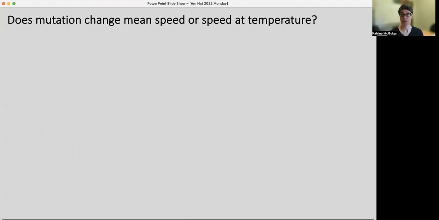Okay, so moving on to the first of the major questions that we really wanted to get at with this experiment: does mutation have a directionally biased effect on swimming speed, or on swimming speed at different temperatures?